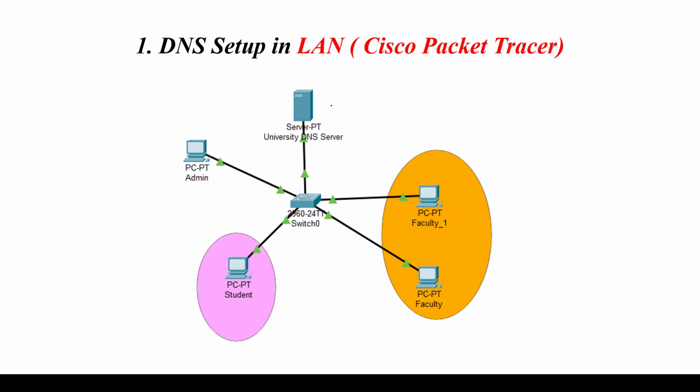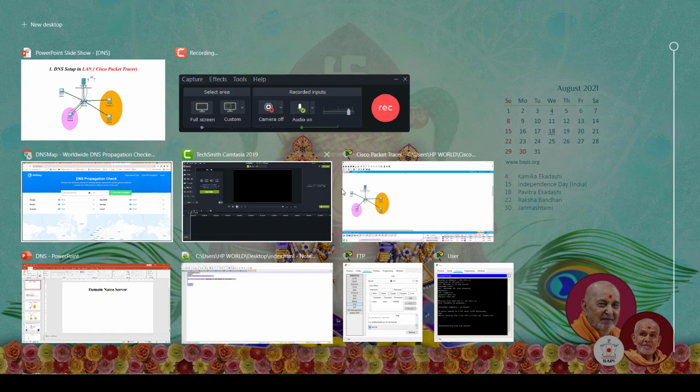Here you can see this is the DNS server, and these are the users of this campus. Whenever you type any domain in your browser, your request will be redirected to this server, and this server will give you the web page. Okay, clear?